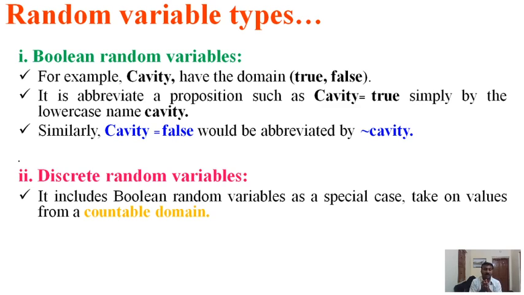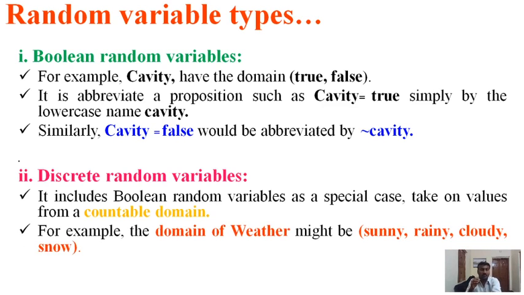The random variables contain domains, and in the domains we have values, but those values are taken from countable domains. For example, the domain of weather might be sunny, rainy, cloudy or snow. The values in the domain are countable. Such domains come under discrete random variables.